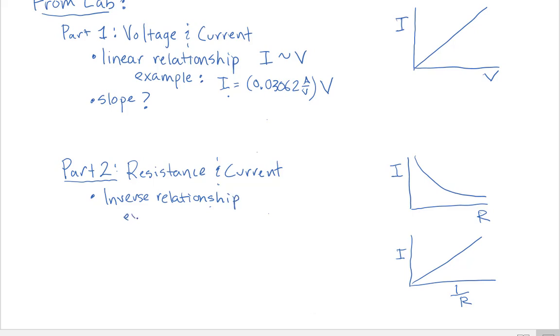And an example of that from some data that I had would be something like current is equal to 1.93 amp ohms times the 1 over the resistance.